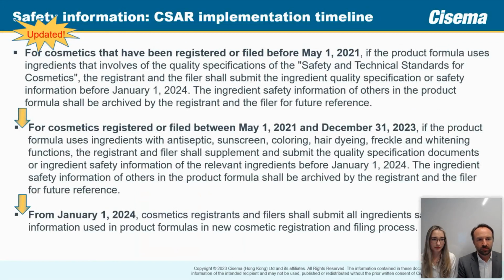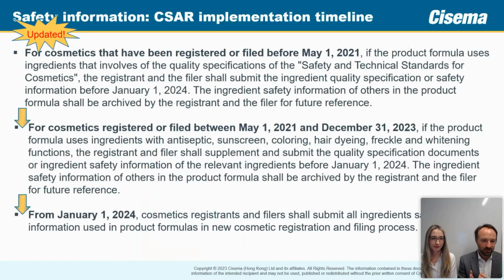So for cosmetics registered or filed between May of 2021 and December of this year, if the product formula uses ingredients with antiseptic, sunscreen, coloring, hair dyeing, freckle and whitening functions, then you need to submit updated quality information documents or the CIC, the ingredient code, before January 1st, 2024.